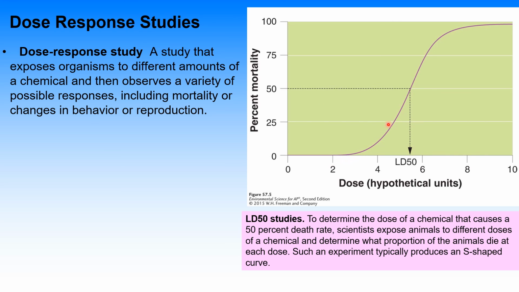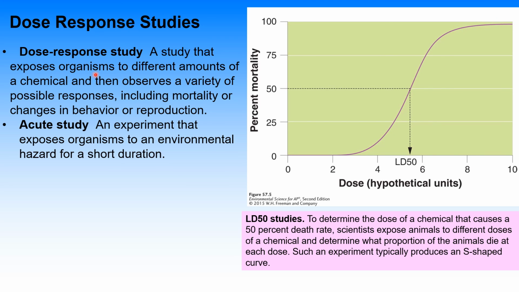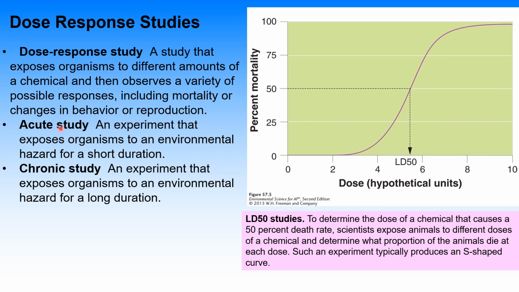And the curves typically look like this. Looks kind of familiar, huh? So we look at lethal doses just like therapeutic doses and other types, acutely and chronically. Sometimes we look at a dose immediately. How does somebody get affected in just a short time, like a day or a couple days? And then we also look at chronic studies.